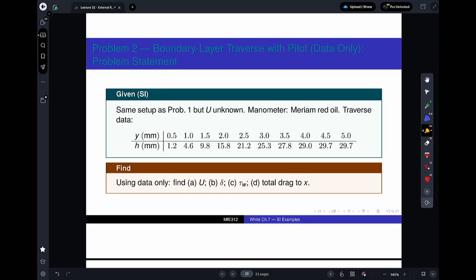If you do that traverse, one of the first things you notice is that you have very low velocities near the wall, which you expect. And between 4.5 and 5 millimeters, you have achieved pretty much a constant value, and that constant value of the manometer is 29.7.